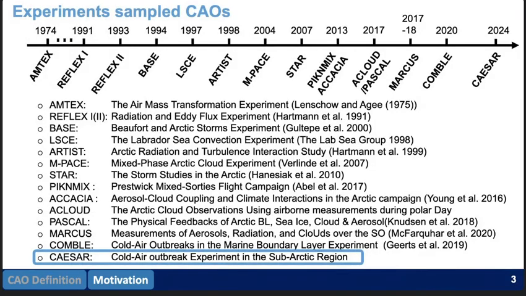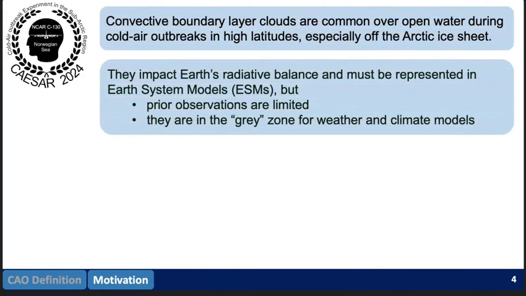As we can see from this figure, over the past decades we only have this number of field campaigns that sampled CAOs. They are also in the gray zone for weather and climate models. The gray zone means the boundary layer process and the moisture process cannot be parameterized independently, so they are very hard to simulate in models.